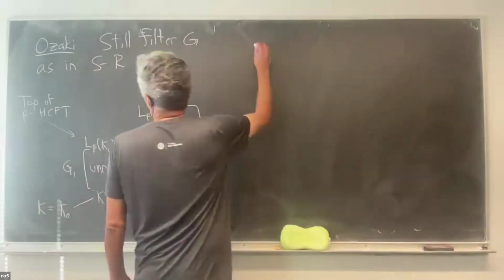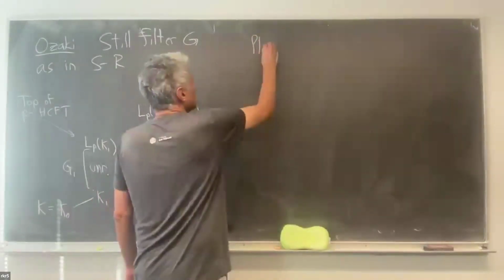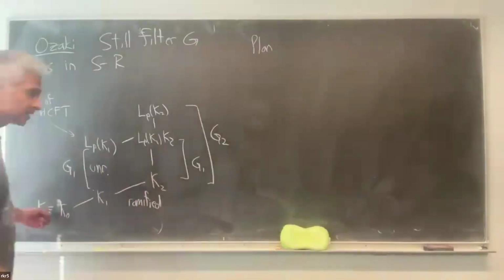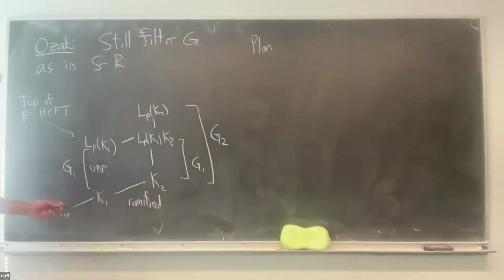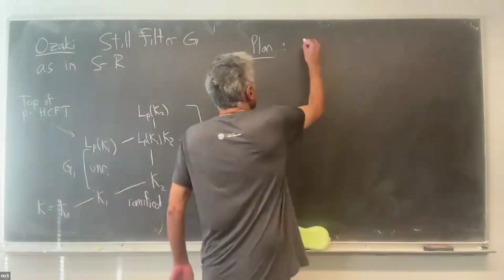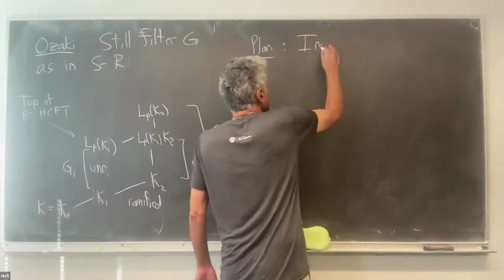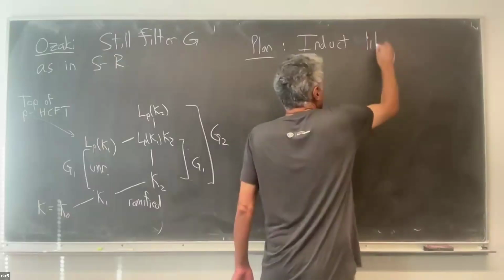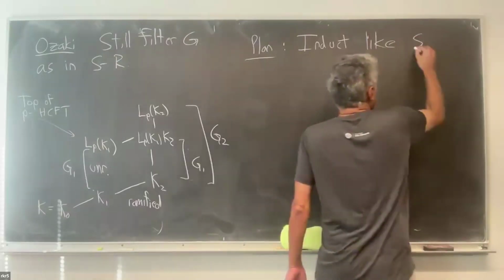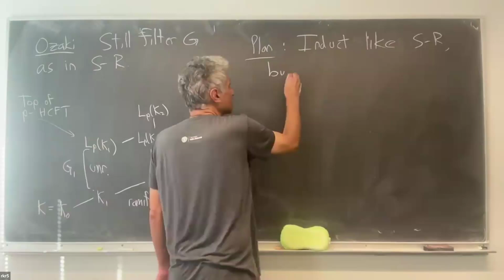So plan. So how is K0? K0 is K, the starting field. And its maximal unramified tower is itself because P does not divide its class number. Oh, okay, okay, thank you. Yes. So the plan is to induct like Schultz-Reichardt, but change the base along the way.